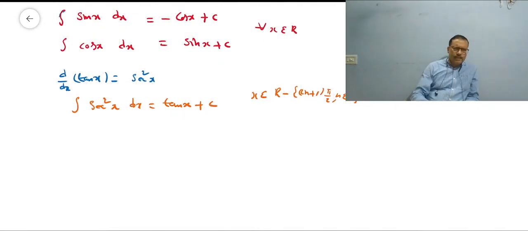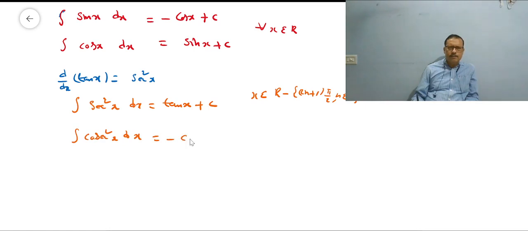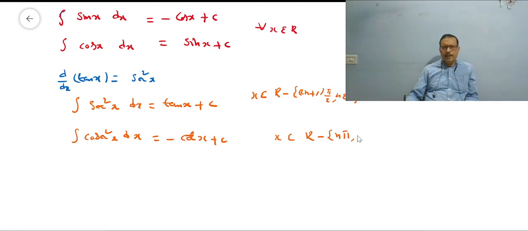Okay. So similarly, the integral of cosecant square x dx is equal to minus cot x plus c. Here x belongs to R minus n pi, n belongs to Z. The integral of secant x tan x dx is equal to secant x plus c.